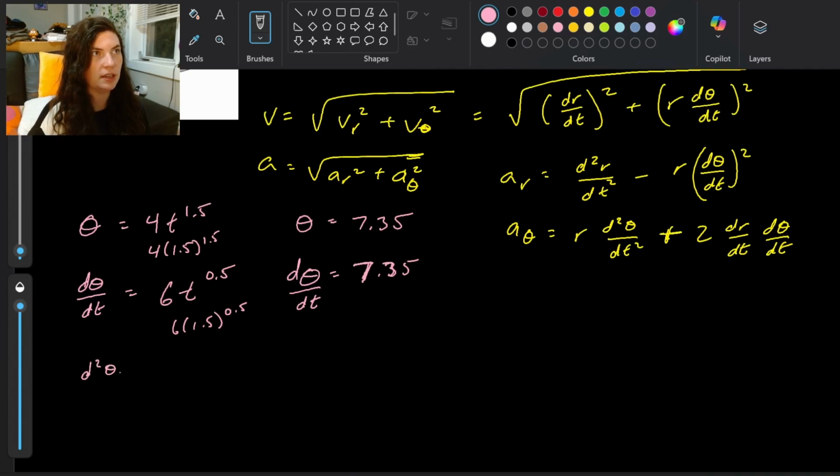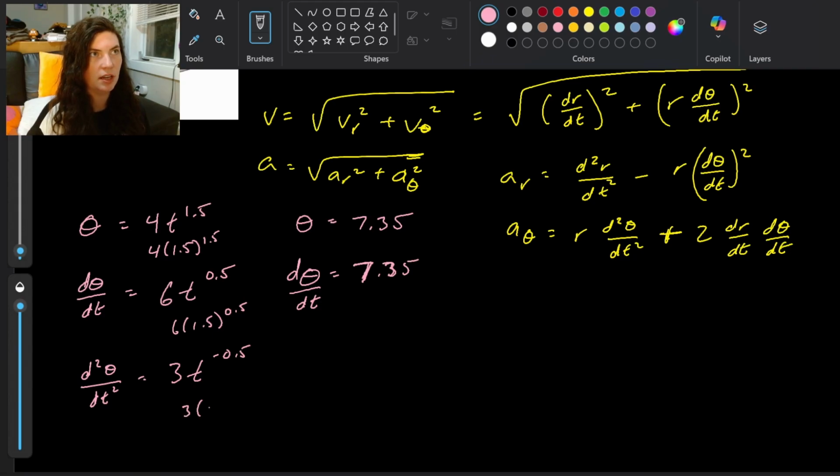And then finally, we'll take a second derivative of my theta equation, d squared theta dt squared. So that is my 6t to the 0.5 that we're taking the derivative of. If I bring the half down, I get 3t to the power of 0.5 minus 1, which is negative 0.5. I get 3t to the negative 0.5.